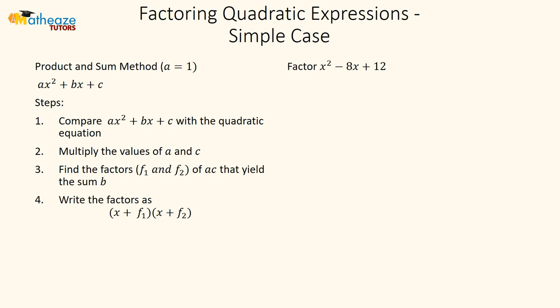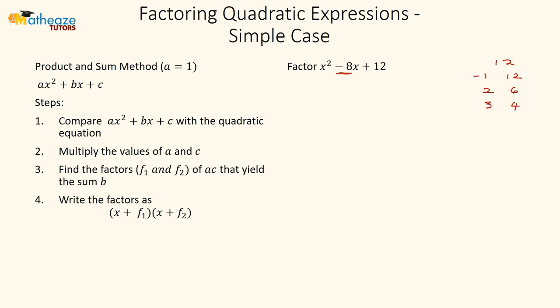So we look at x and 12. So 1 and 12 is going to give us 12. Now pay attention to the fact that this is negative. So that means that both factors have to be negative for us to get a positive product. So we have 1, 12, 2, 6, 3, 4.